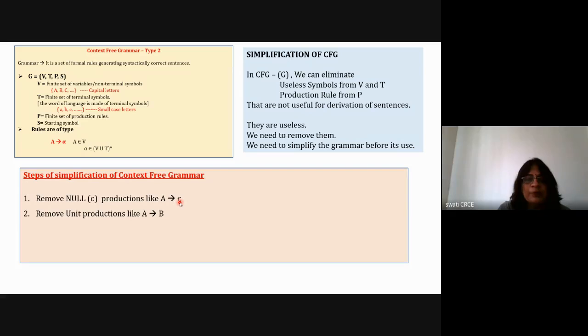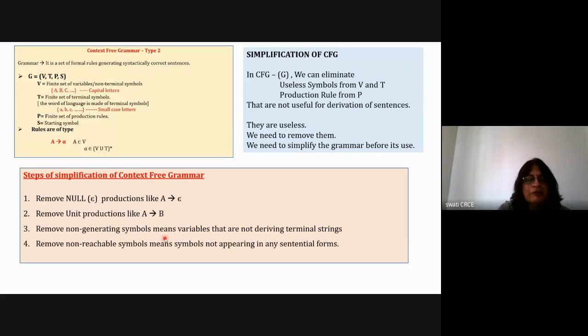Second is remove unit productions. So suppose you have the rules like A generates capital B, then you identify such unit productions and remove them. Then the third one is to remove non-generating symbols, means the variables which are not deriving the terminal strings. And then you have to remove non-reachable symbols which are not reachable.